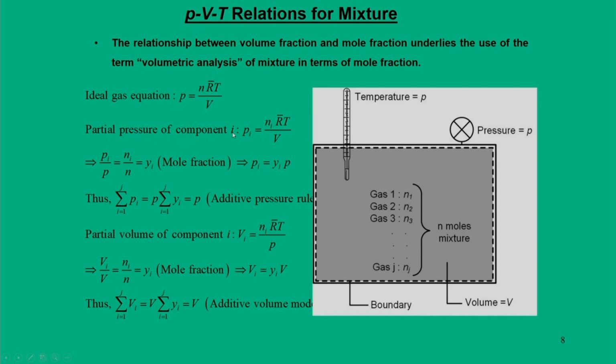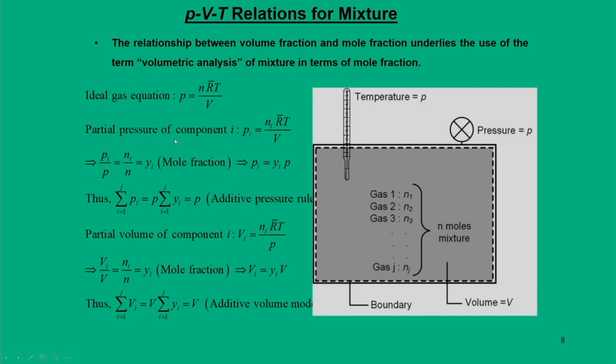The only change is the number of moles in that component, the rest of the numbers remain the same. So, we can find a ratio Pi by P is Ni by N, nothing but Yi. Thus Pi is equal to Yi times P. If we take the summation of Pi, we get P, which is nothing but the additive pressure rule.